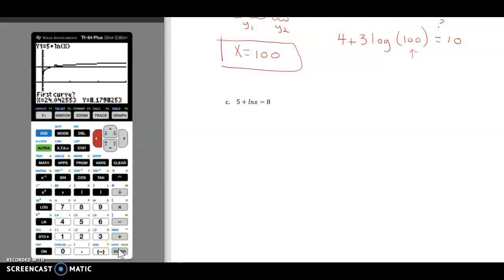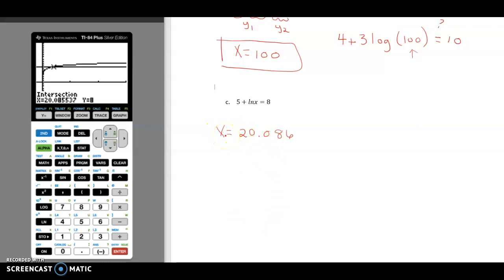I'm going to press enter on the first curve, enter on the second curve, and then enter one more time. And so here you end up with x equals 20.086.